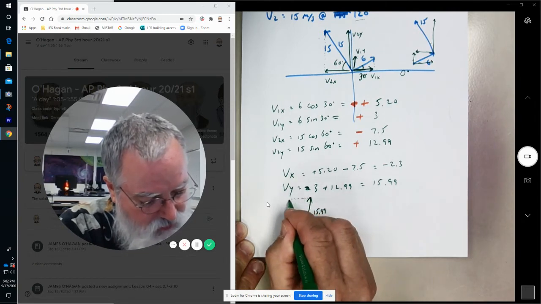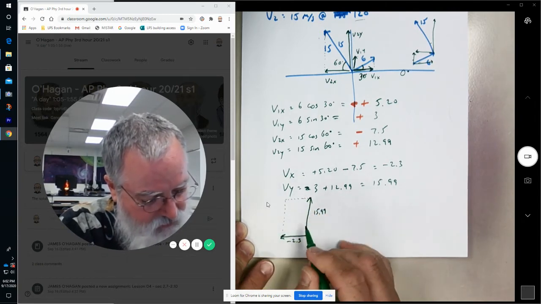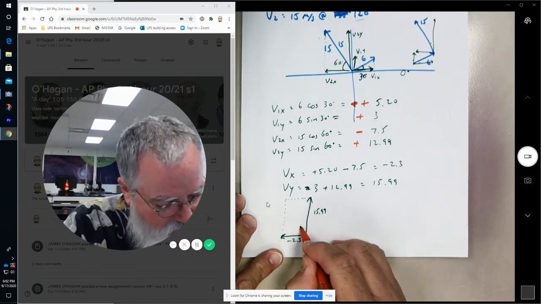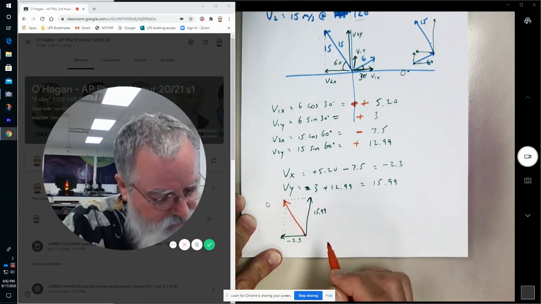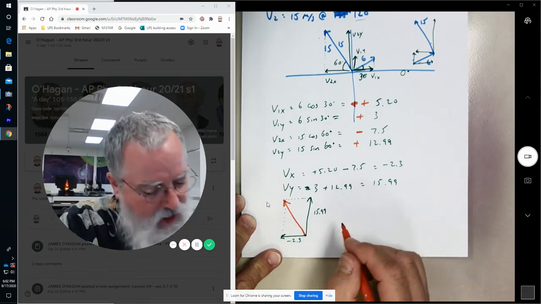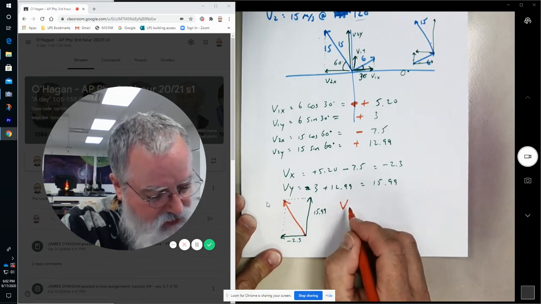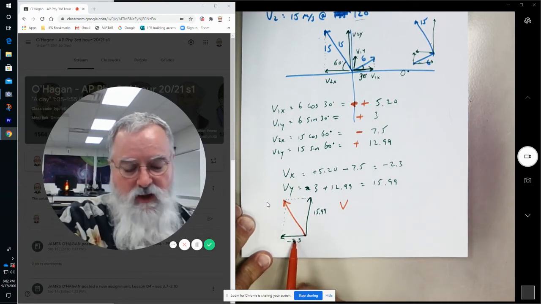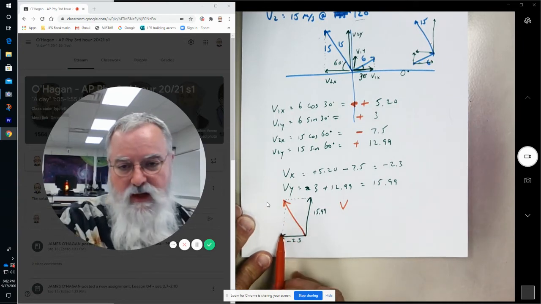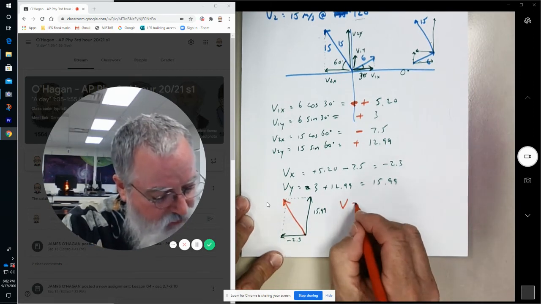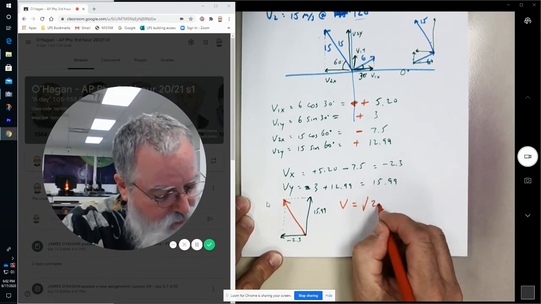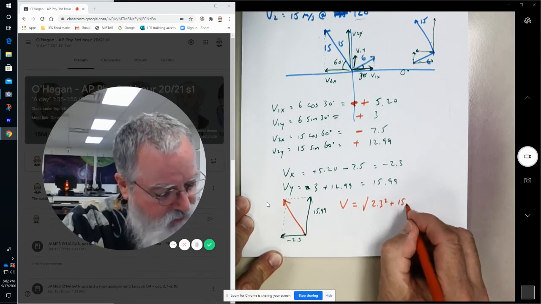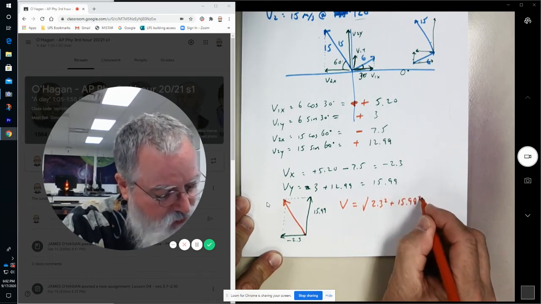All right, that'll give you a rectangle. We're looking now for, ooh, I'll make it red, this one right here. Okay. And so then the velocity, all right, this side's 2.3 of a right triangle. This side's 15.99. I believe Pythagorean theorem. Velocity is going to be the square root of 2.3 squared plus 15.99 squared.